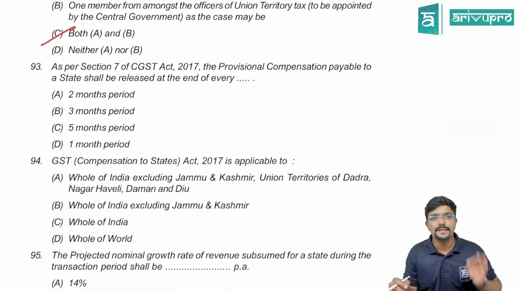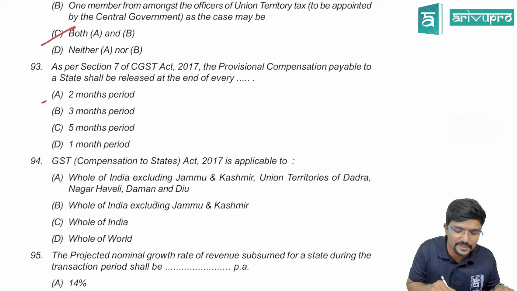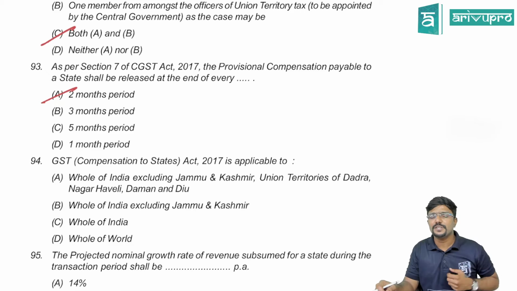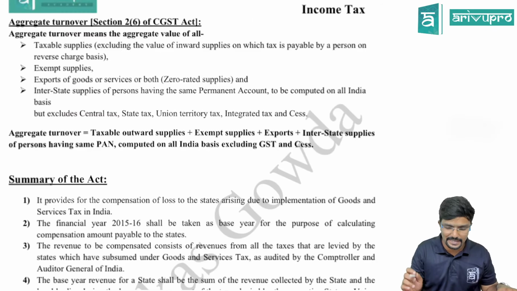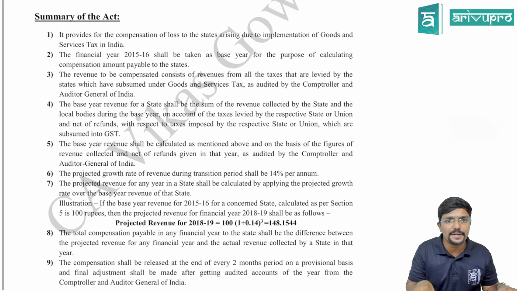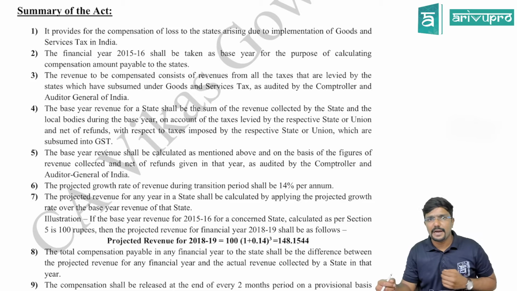Next, 93rd. As per section 7 of CGST Act 2017, the provisional compensation payable to a state shall be released at the end of every 2 months period. On provisional basis, it will be released at the end of 2 months. This will come under the GST Compensation to States Act, guys. So there I have given the summary overview of UTGST and IGST.